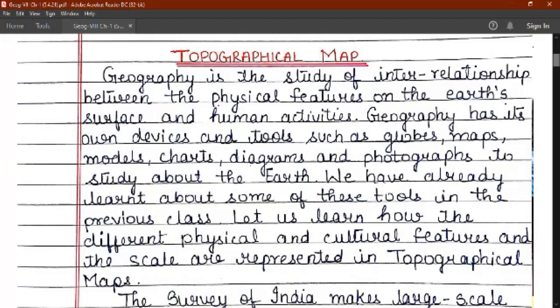We have already learned about some of these tools in the previous class. Let us learn how the different physical and cultural features and the scale are represented in topographical maps.